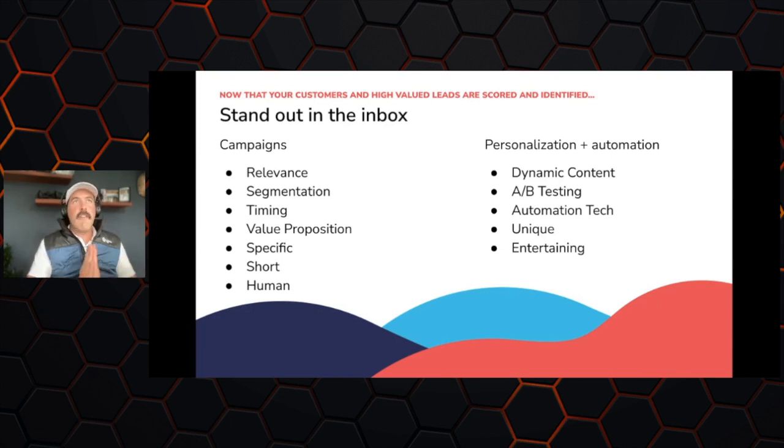So I'm talking a lot about human interaction, but I don't want it to be lost that not everything at scale is able to be done personalized, human, one-to-one. There is some automation. So how do we balance personalization with automation? I think it's really about leaning on technology to scale your efforts without losing that personalized touch. Some of the most common ways are dynamic content.